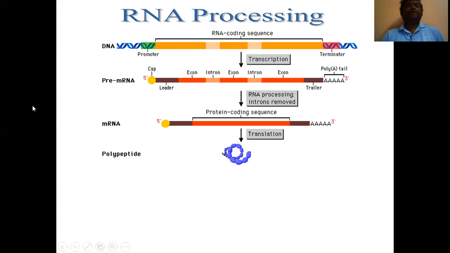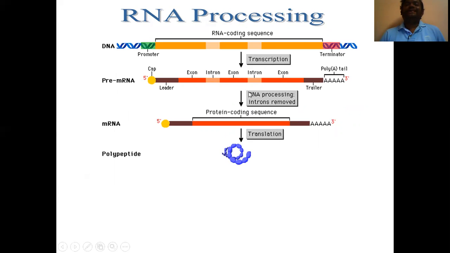Through transcription from the DNA, a pre-mRNA comes, and this pre-mRNA is not ready for protein synthesis. Just remember, it is not ready for protein synthesis. Only after processing of pre-mRNA into mRNA can we proceed for protein synthesis.